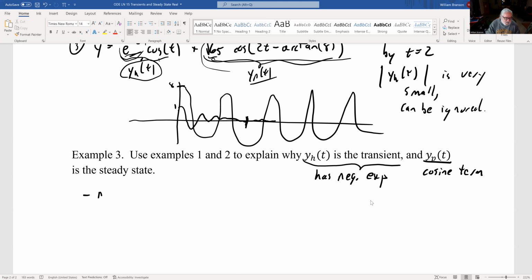Here we have a mass on a spring with friction, being forced. So there's two responses, right? There's just the response of the mass to being put in motion, which is YH of t.